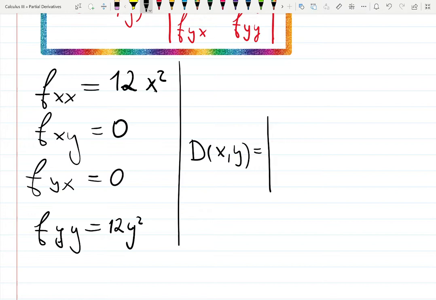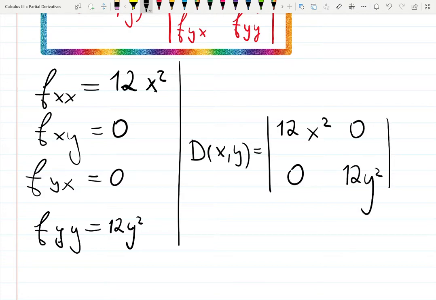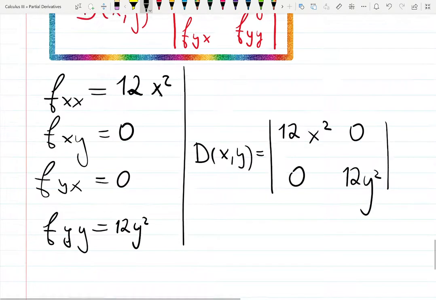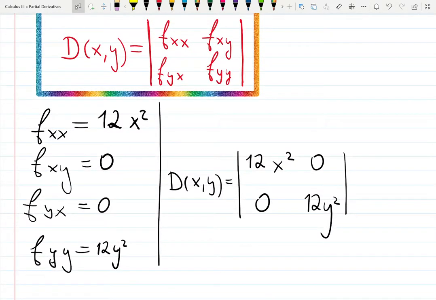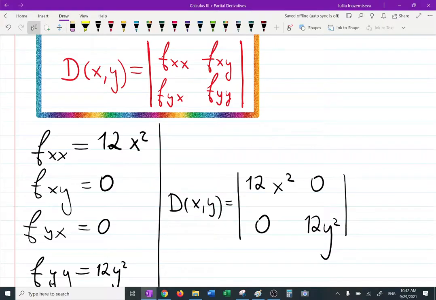This will look like xx is 12x squared, xy 0, yx 0, 12y squared, like so. So we're gonna stop here and then do the quiz, because we're gonna continue with this topic on Friday. After this, it gets interesting but a little bit confusing. So I want to point more attention to this. Questions about this? What do you think? Can we just leave it as that? You will see on Friday, okay?